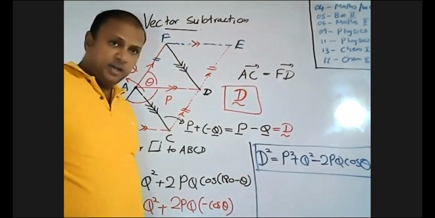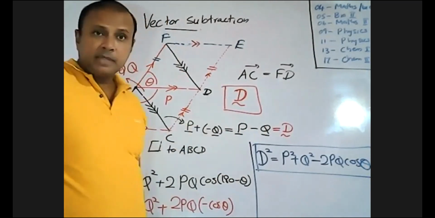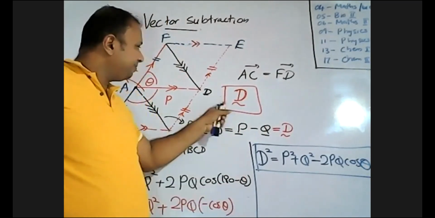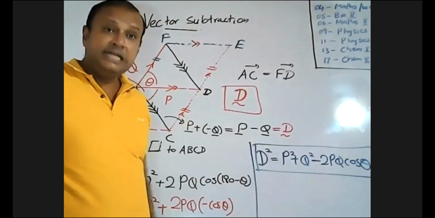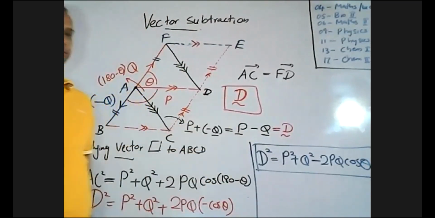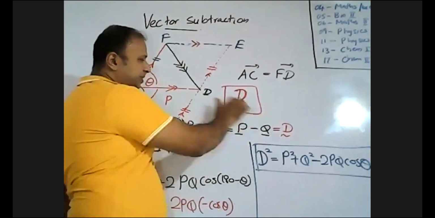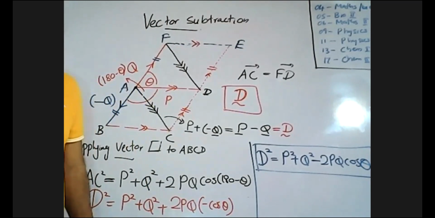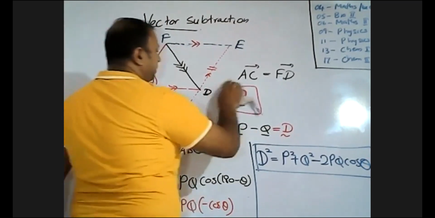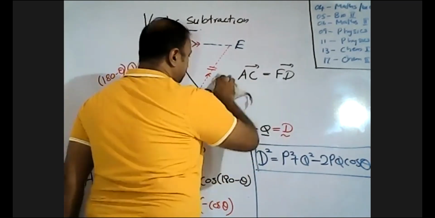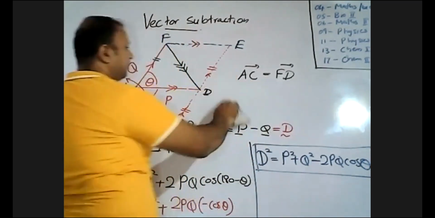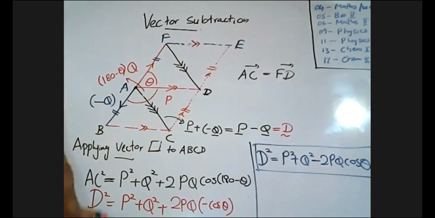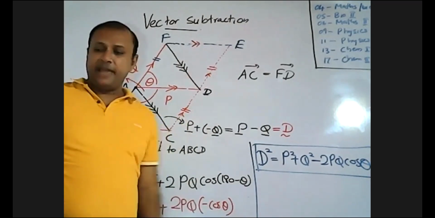Subtraction can be represented by this one, D vector. Don't write vector. This is the symbol. Okay? Right under that.